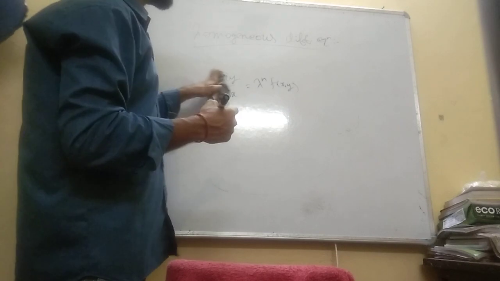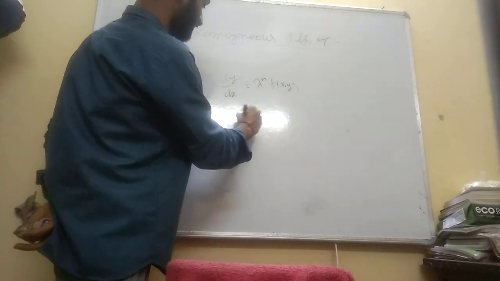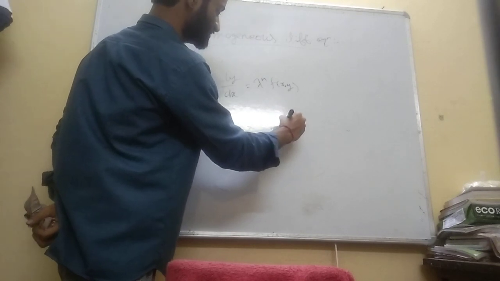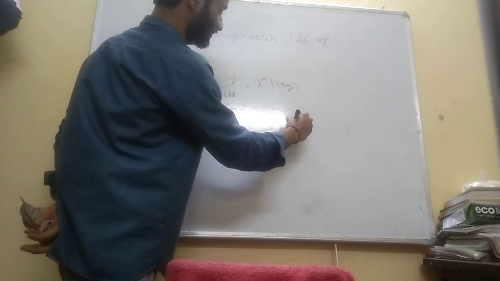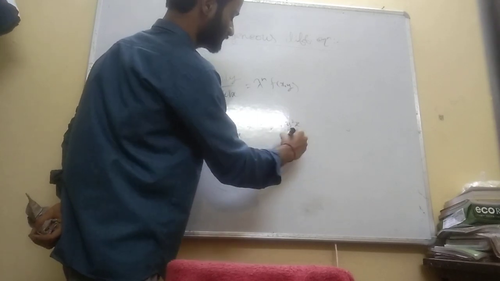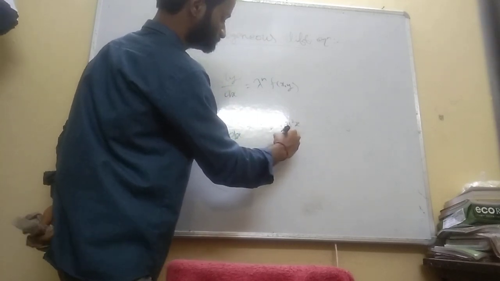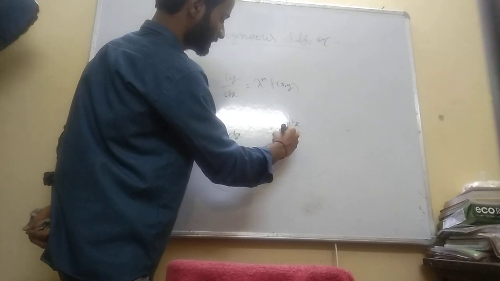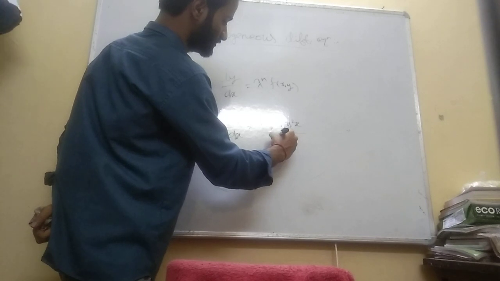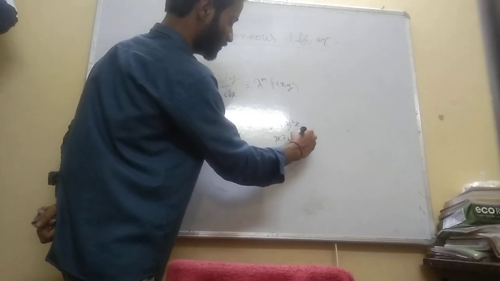I am just taking the example of some questions. You can take dy by dx is equal to x square y plus y square x upon, what can you take? You can take x cube plus y cube.